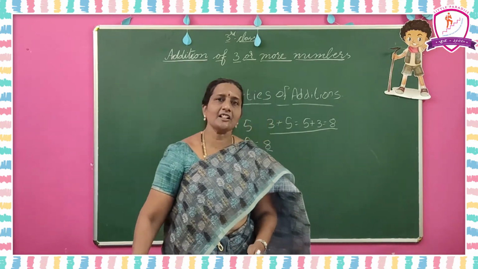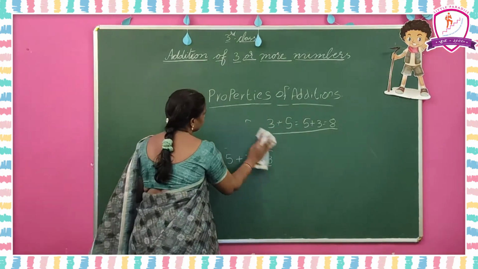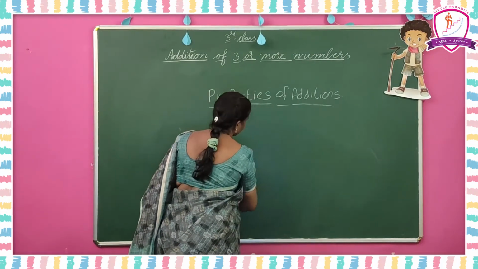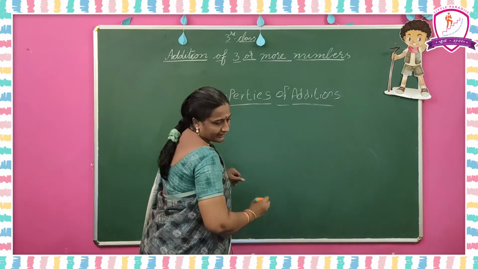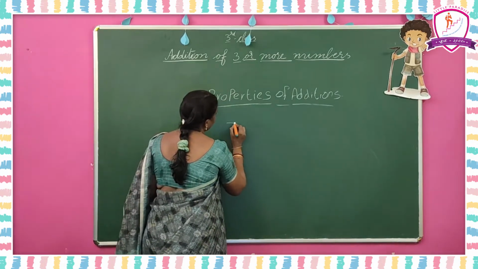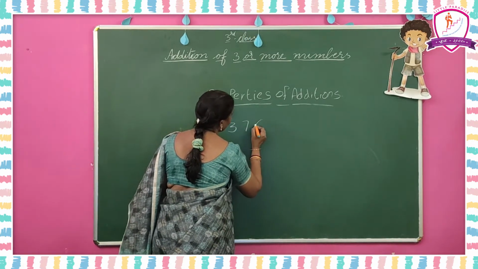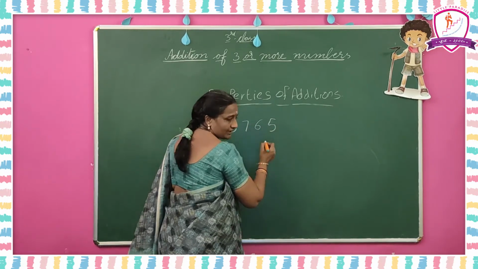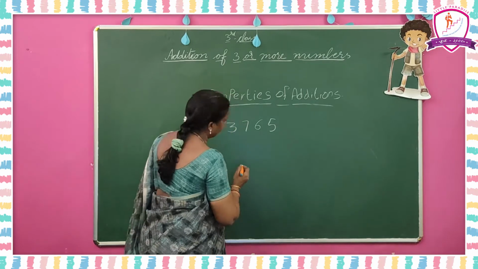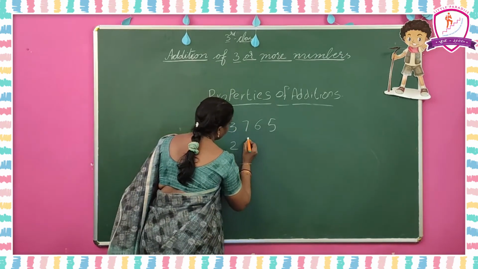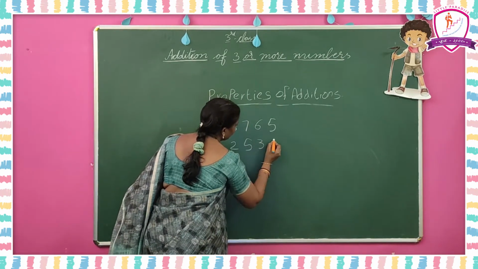Suppose we take larger numbers here, okay? 3,765 plus 2,538.